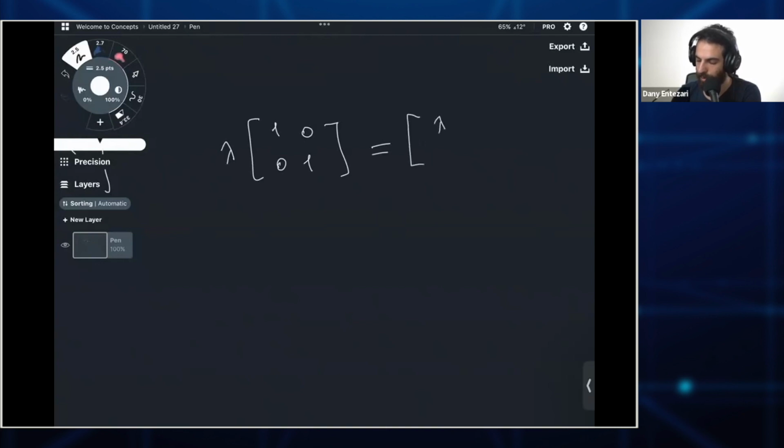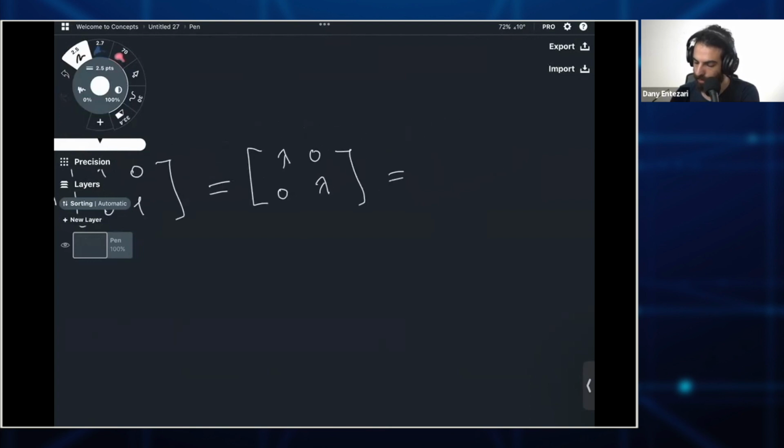We'll have lambda across the diagonal and 0 elsewhere. With this combination, we're going to subtract it from the original matrix A. Since I is used to represent the identity matrix, we're going to represent this matrix as lambda times I.